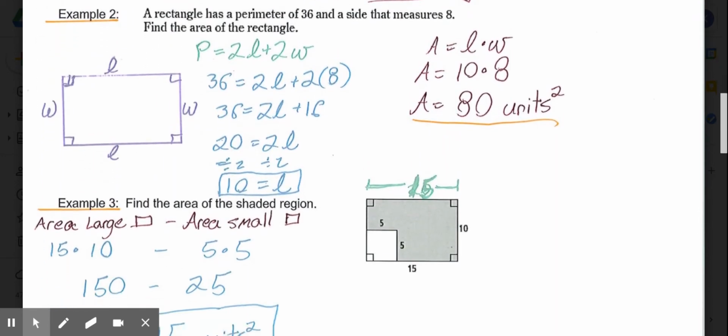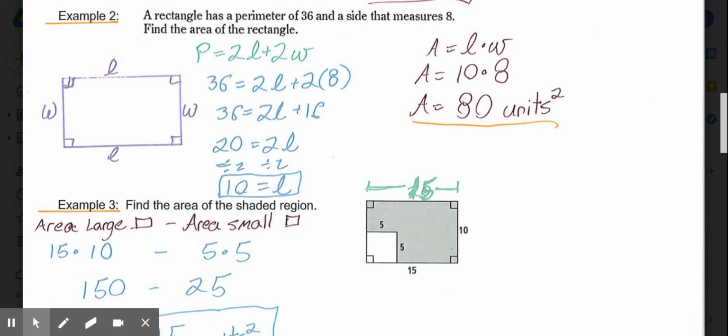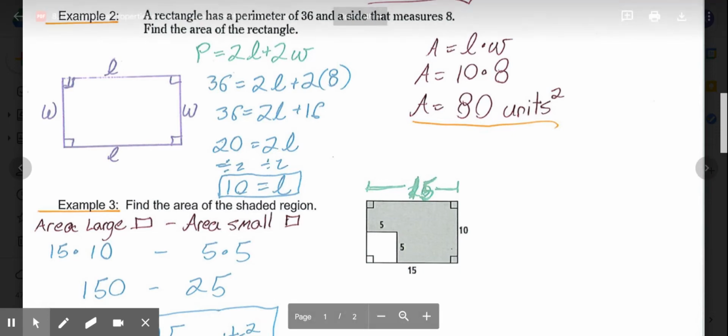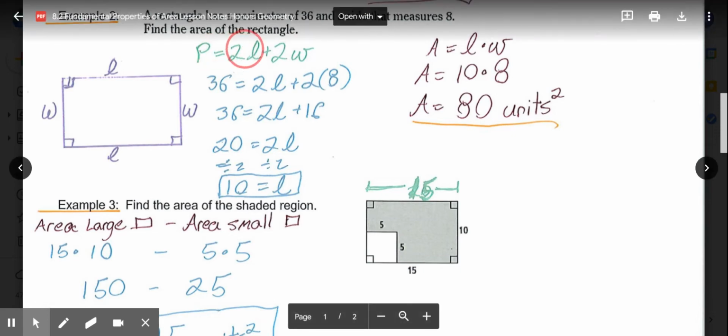In example 2, it says a rectangle has a perimeter of 36 and a side that measures 8. Find the area of the rectangle. So from our last lesson, we know dealing with a rectangle, the perimeter is 2L plus 2W.